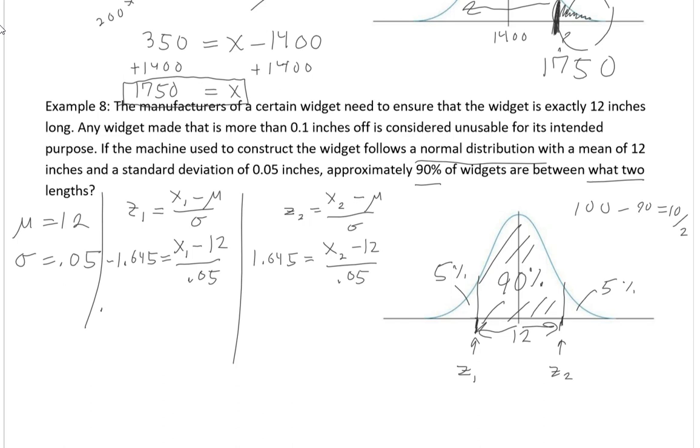I get 0.08225. Negative for this one. And this one over here, I get positive 0.08225.